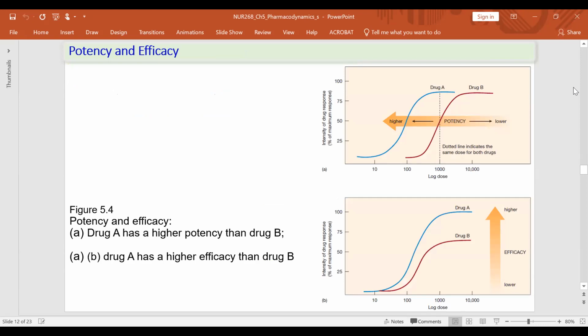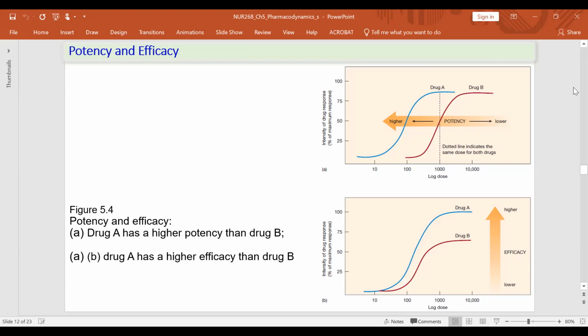Now, there are two characteristics or properties of a drug that are revealed in dose response curves. Usually, we see a drug response curve showing potency versus efficacy. The drug is potent, but what is the drug's efficacy?